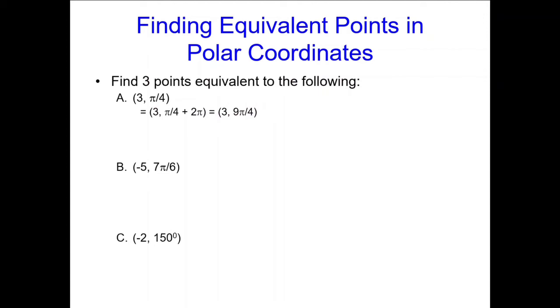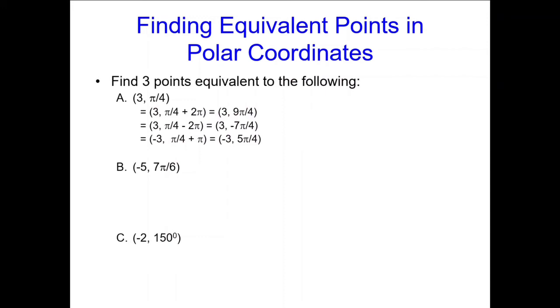So pi fourths plus 2 pi, that would be adding 8 pi fourths. So I get 9 pi fourths. The other thing we can do is subtract 2 pi. Or we can even make the r negative and add pi. And all of those would be equivalent points.